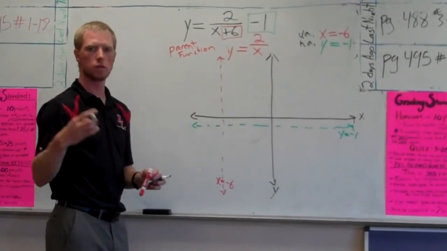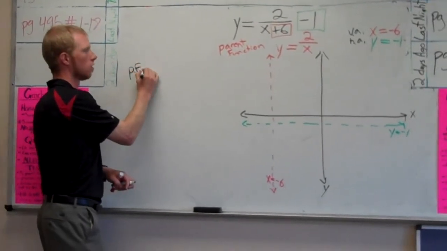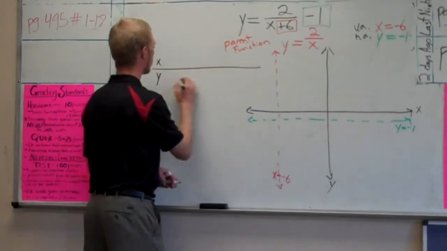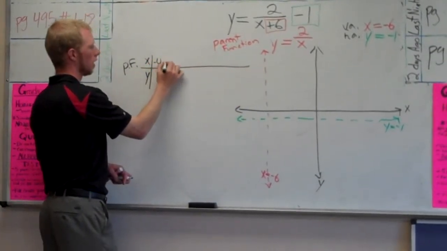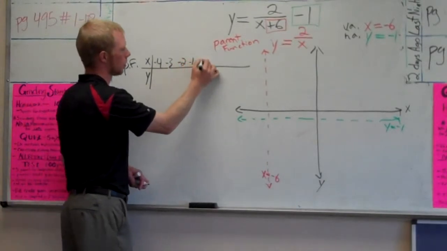If I were to do this by hand, I would look at the parent function first. I would create my chart, and I like to use -4 to 4. I think it gives you a pretty good picture.